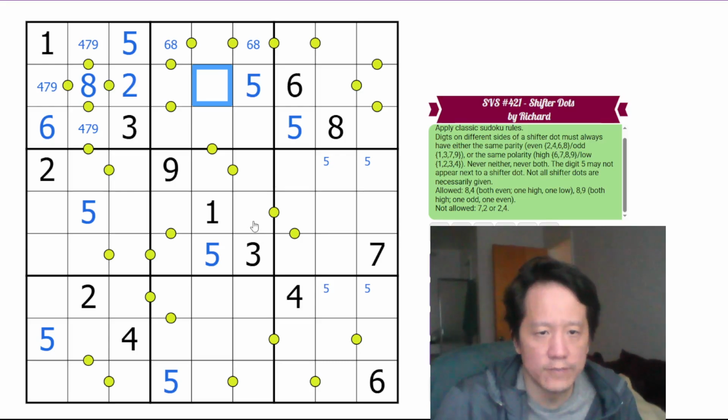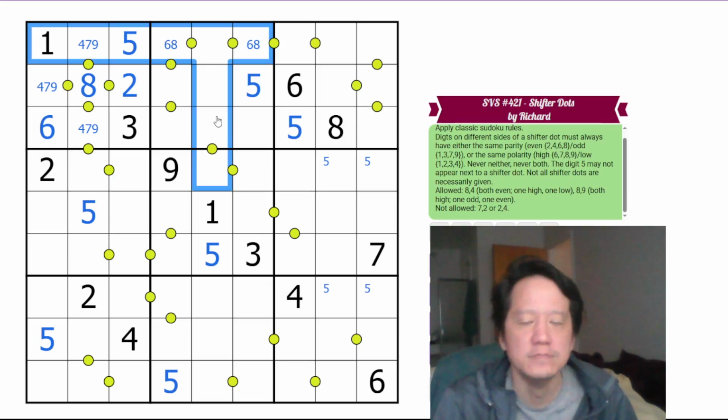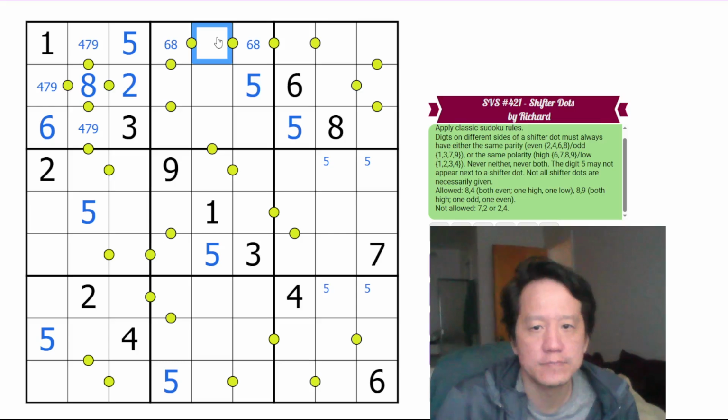What else are we looking for? We have ones. Ones cannot be here or here. Okay, so what is this digit? It's either the same polarity, which would be high, in a different parity, which would be odd.